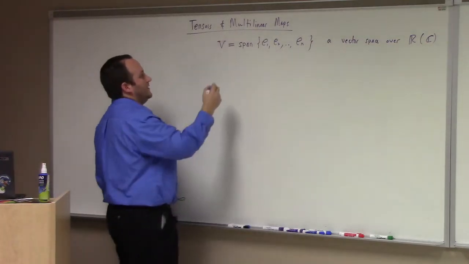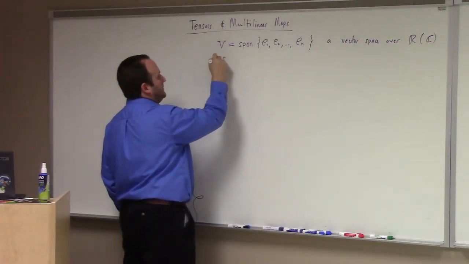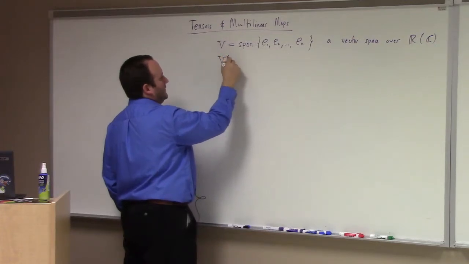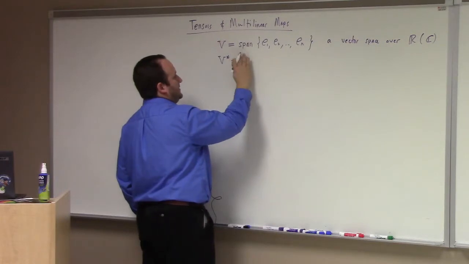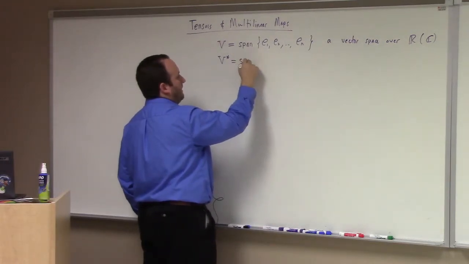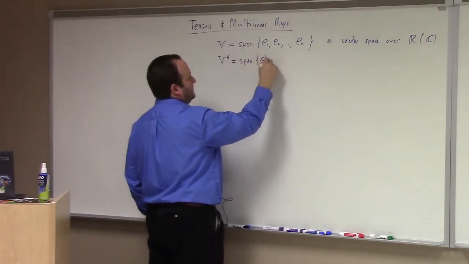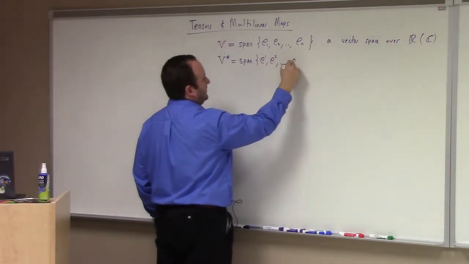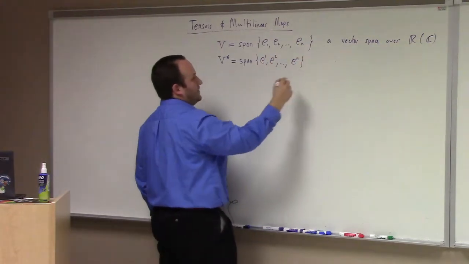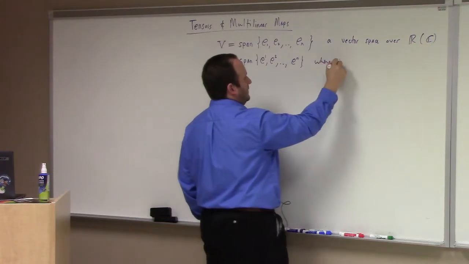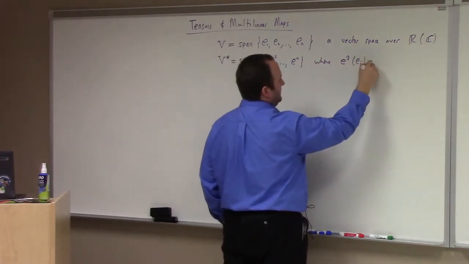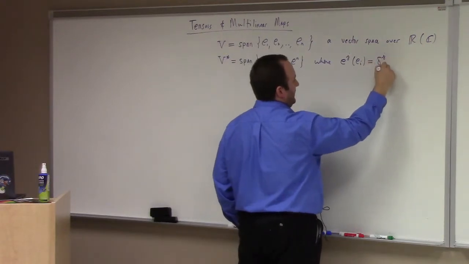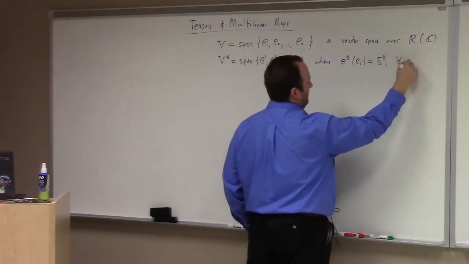And then we can talk about the dual space to V. The dual space to V happens to be the span of e upper 1, e upper 2, ..., e upper n, where e upper j acting on e lower i is by definition Kronecker delta ji for all i, j.